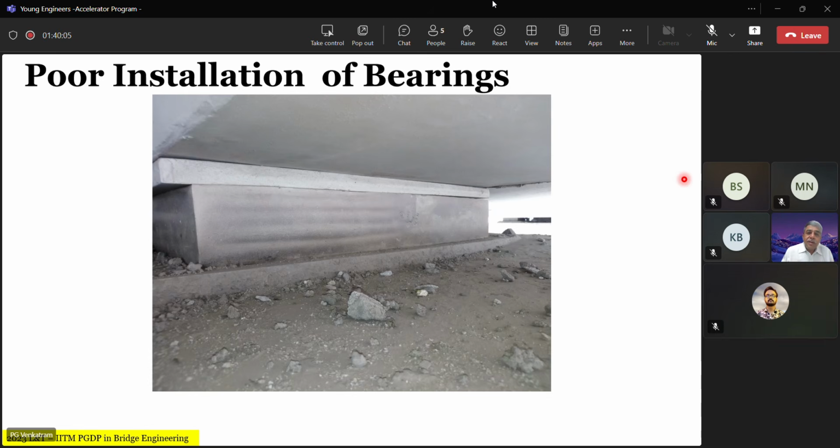This is another poor installation of bearings. Can you tell me why this is poor installation? It's a conventional elastomeric bearing, but I call it a poor installation. So we'll start. Shreya, why is it poor?